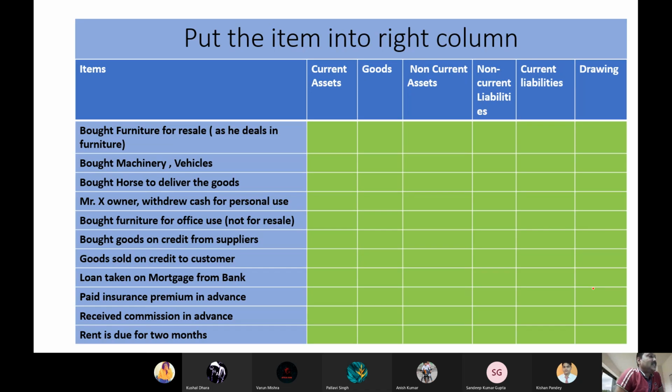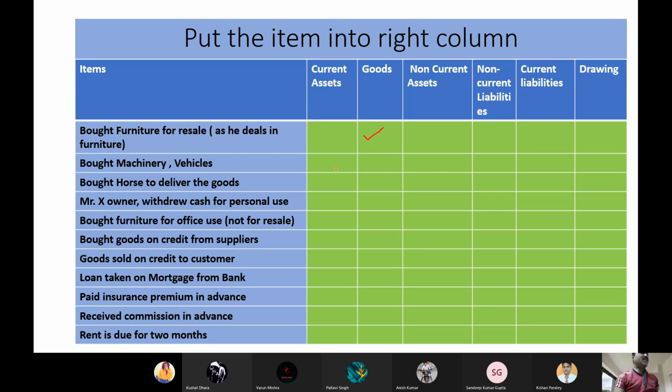As he deals in furniture, it means यहाँ पे जो फर्नीचर खरीदा गया है वो बिजनेस में यूज के लिए नहीं बट डील के लिए मीन्स परचेज और सेल के लिए साफ साफ लिखा है फॉर रीसेल. सो इट मीन्स कि ये जो बिजनेसमैन है वो फर्नीचर का बिजनेस करता है तो फर्नीचर विल बी गुड्स. ओके, सो फर्नीचर विल बी कॉल्ड गुड्स because he had purchased for resale, right?